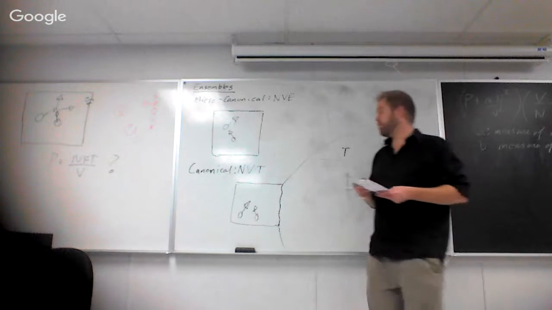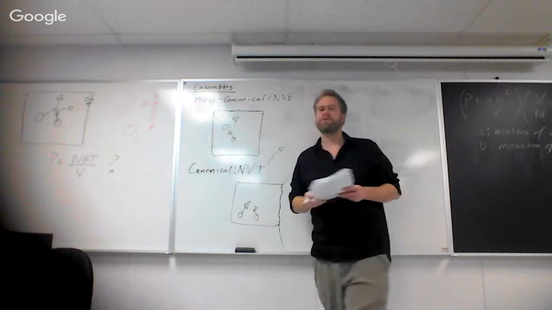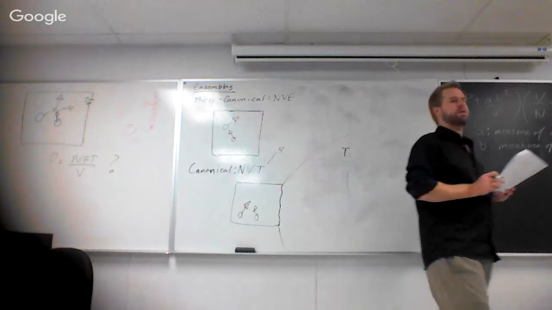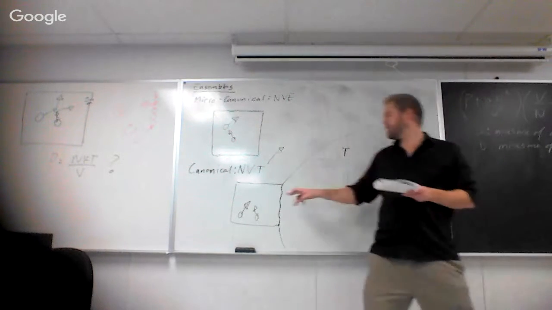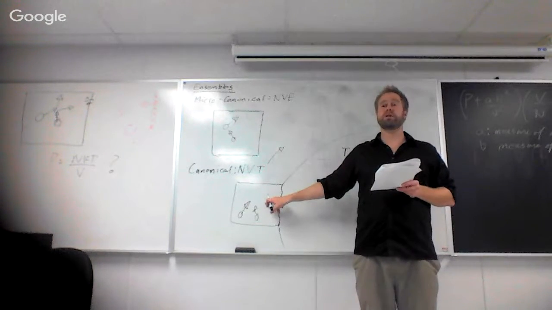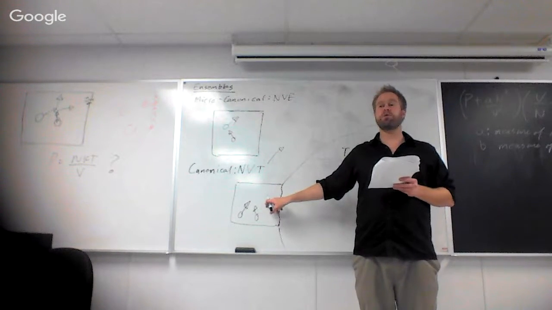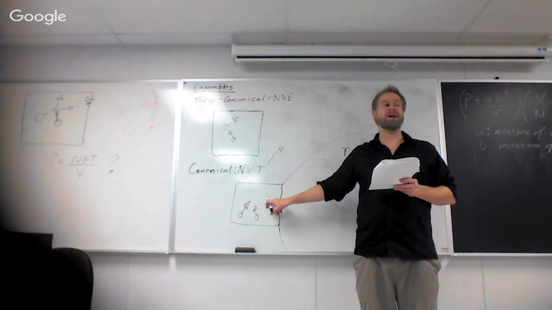So one point to note. What do I mean by fixed T here? Is this temperature actually constant? What I mean is, if you measure the temperature in this small box at any point in time, do you expect that you'll get the exact same number?